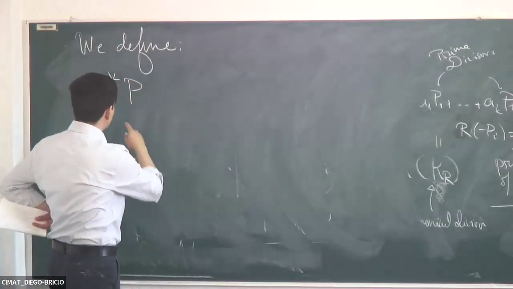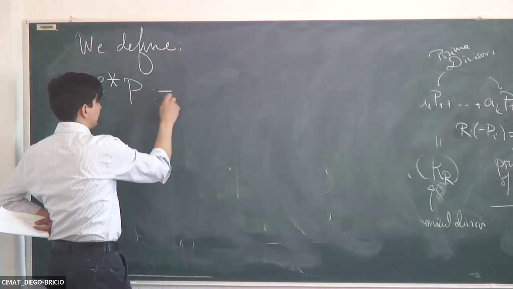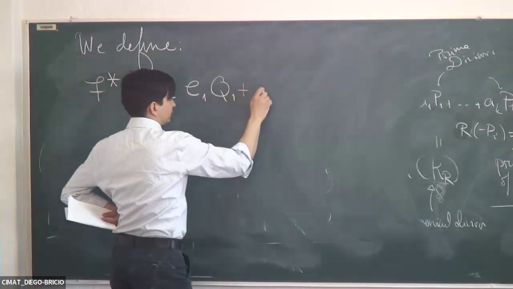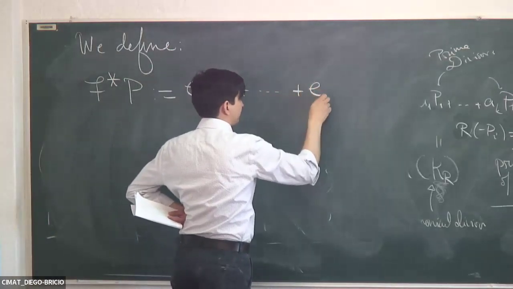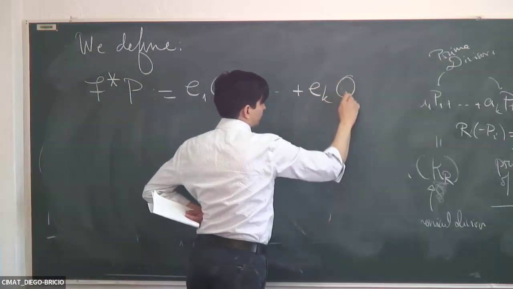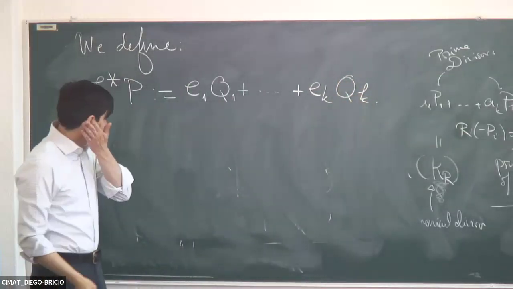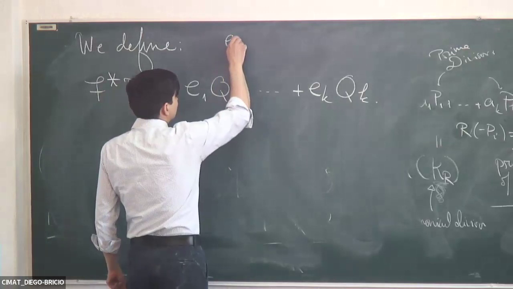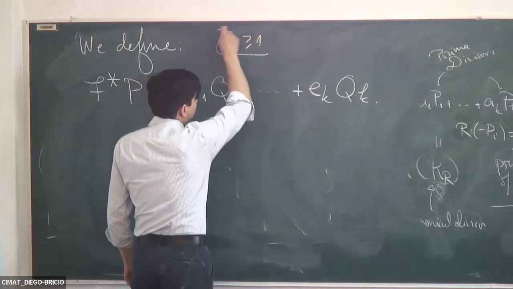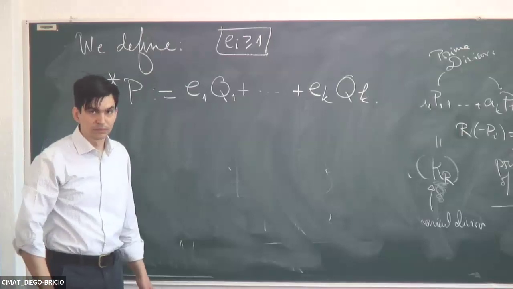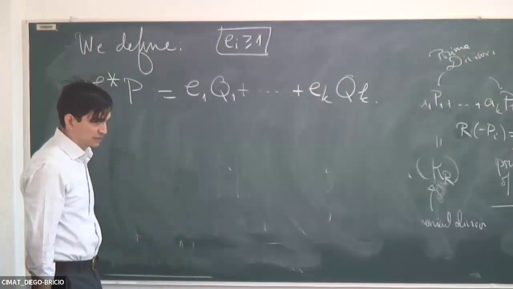The pullback along f of a prime divisor is by definition the following divisor. By the way, this e_i is definitely at least 1. Exercise, I guess.